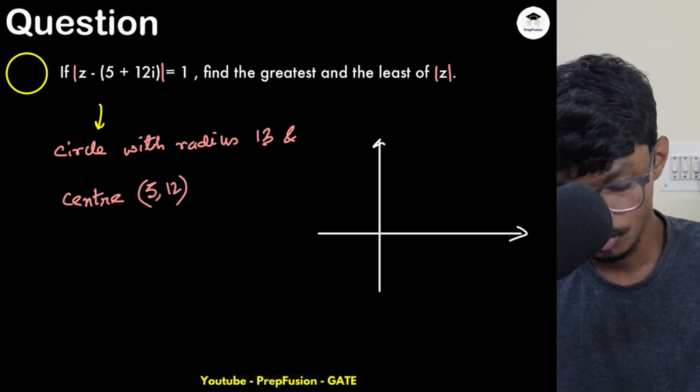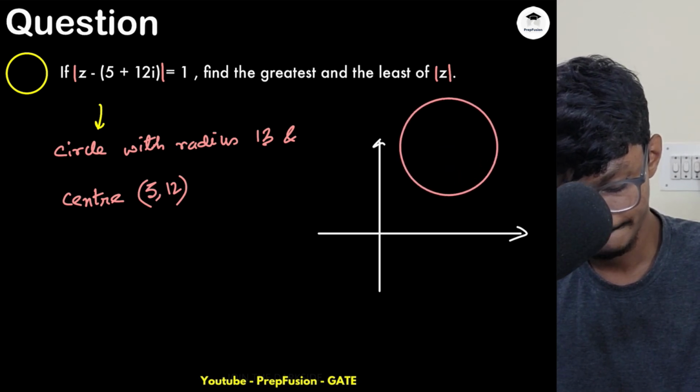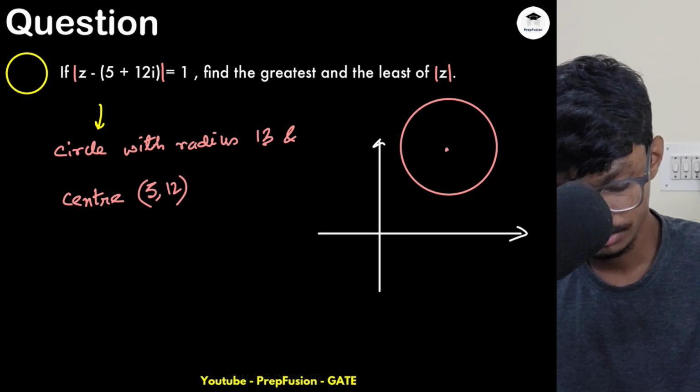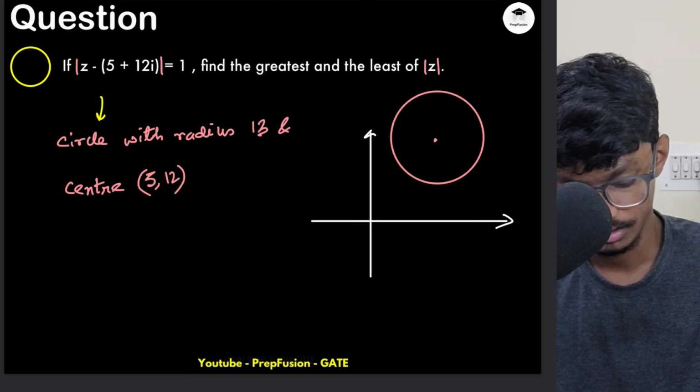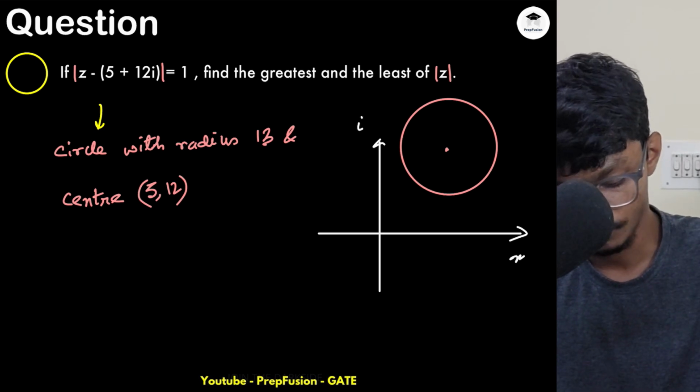Okay, so I will be lying somewhere around here, and my center is here, 5 comma 12. And this is my x-axis and this is my y-axis.